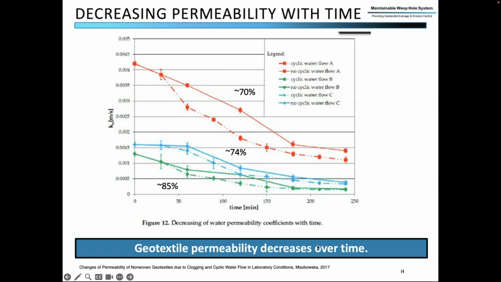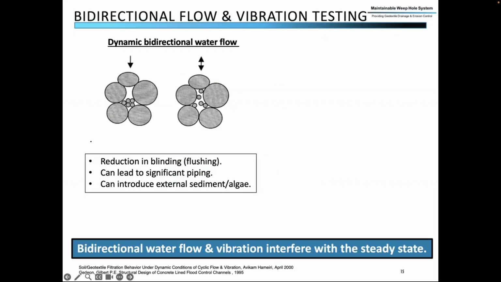Performance will decrease. So I mentioned a filter cake before, this transition zone, and if that can be established, then the structure can go for a long time without any problems. The challenge is that the transition zone, there are many things that disrupt the backfill. One of them is bidirectional water flow.